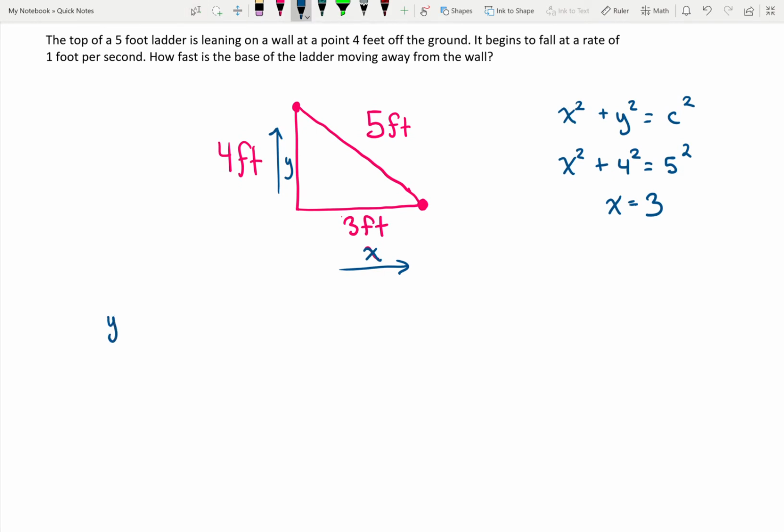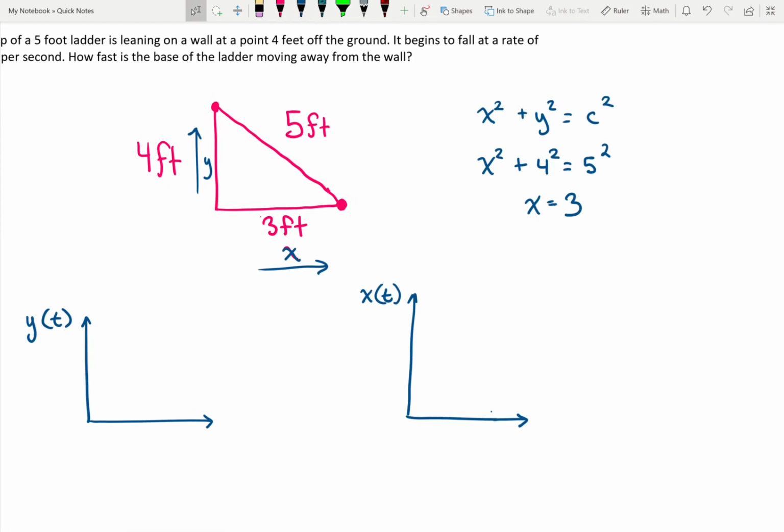Here's y as a function of time, and I'll draw something like this. And here's x as a function of time. And here is the length of the ladder as a function of time as well.